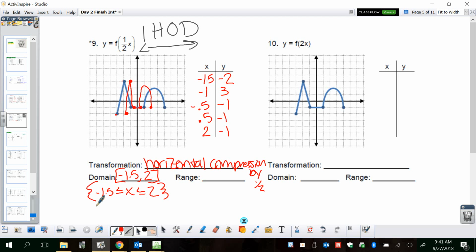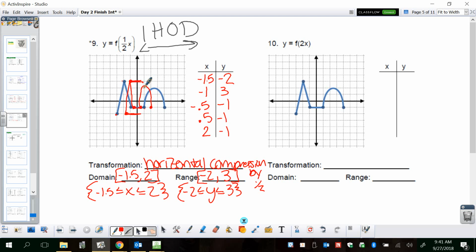And our range, did it change? So it's still -2 to 3, because that's still my lowest point, and my highest point is still at 3. Okay.